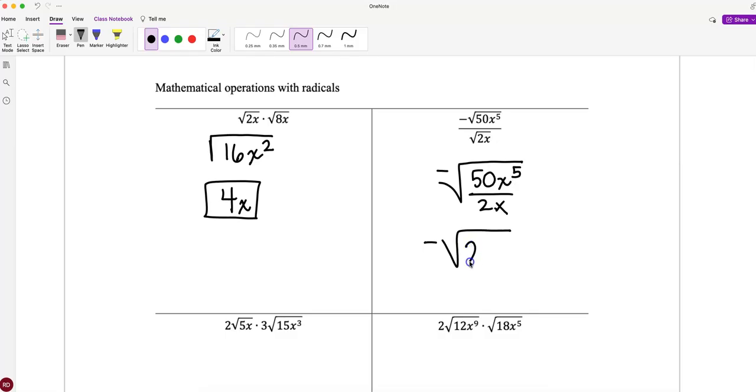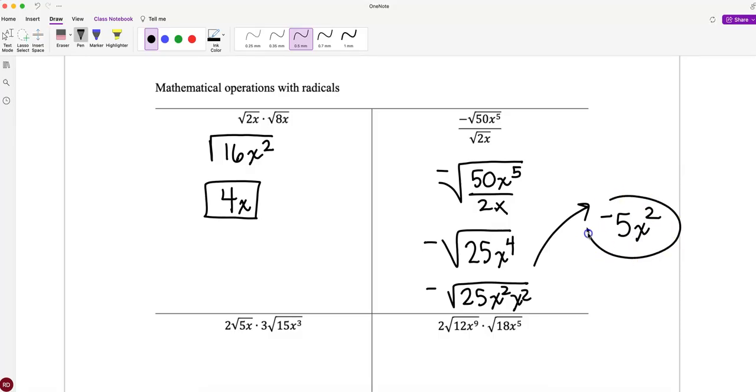So this is what, 25 x to the 4th, or negative square root of 25 x to the 4th. Those are all perfect squares. The square root of 25 is 5. The square root of x to the 4th is x squared, since I've got 2 of those. So this is negative 5 x squared.